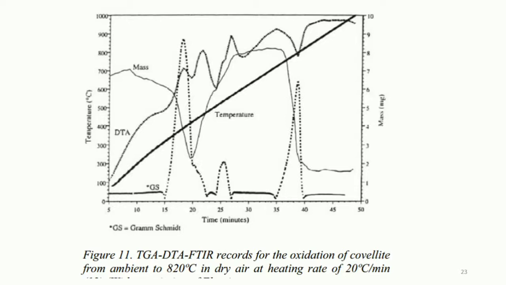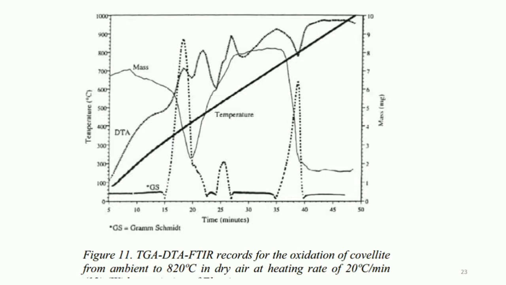The first stage is the decomposition of a small amount of covellite to give digenite, which is Cu1.8S, and the oxidation of covellite to produce copper(I) sulfide.